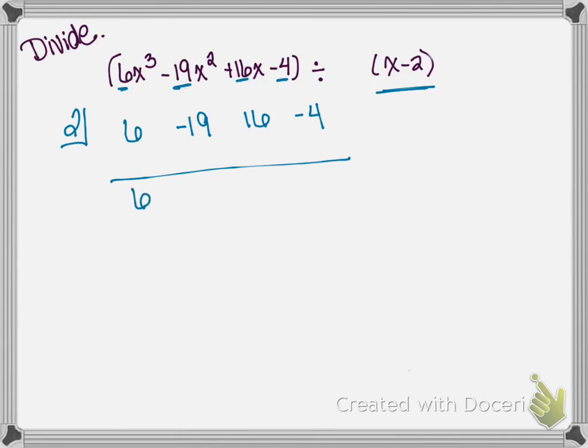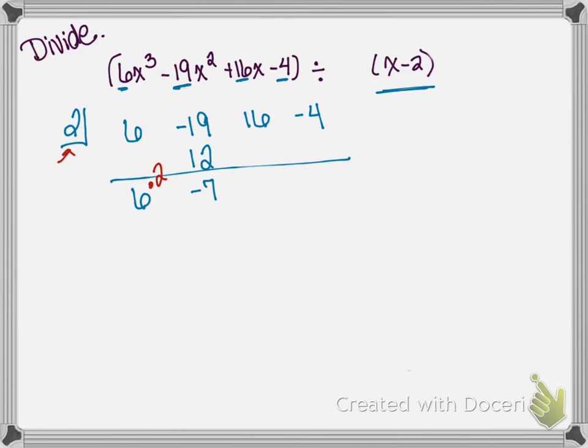Then I am going to multiply this 6 times 2. So I multiply by that number right there. What is 6 times 2? Okay. Now I combine these. I'm not subtracting. I'm adding. Negative 19 and positive 12. What is that? It's negative 7.